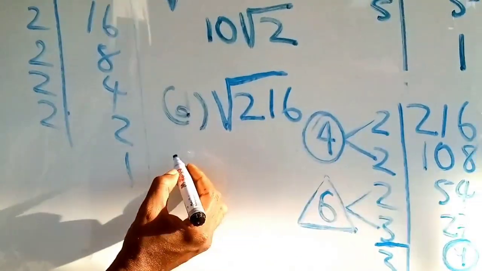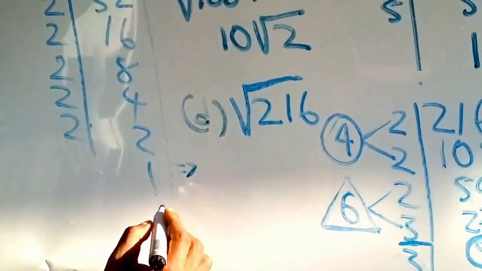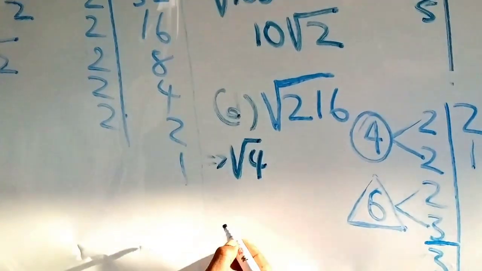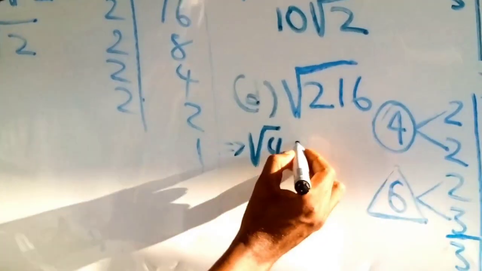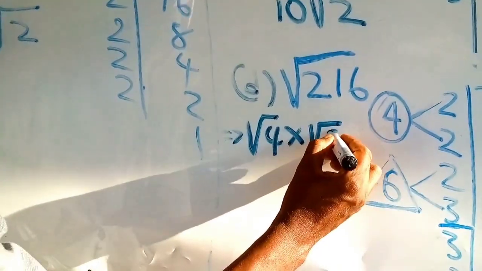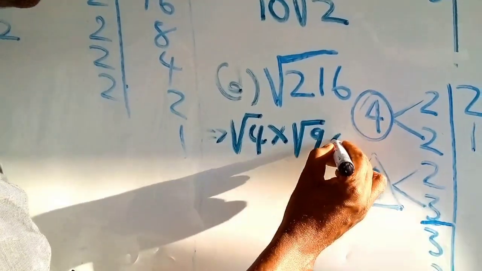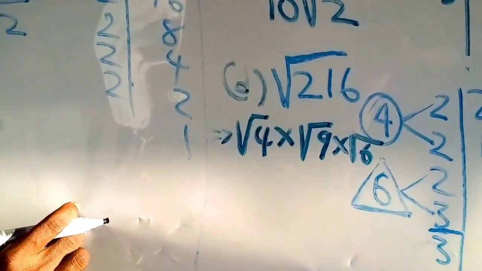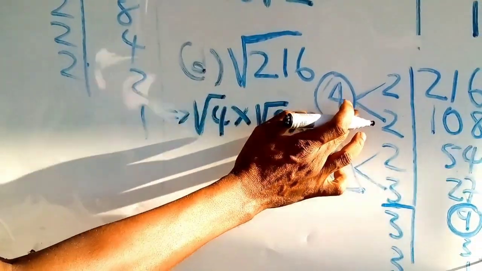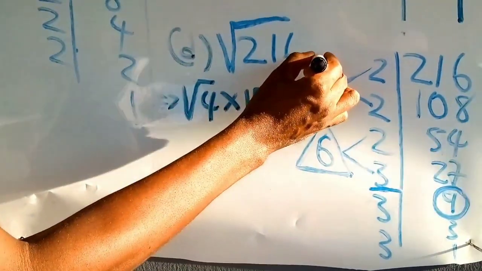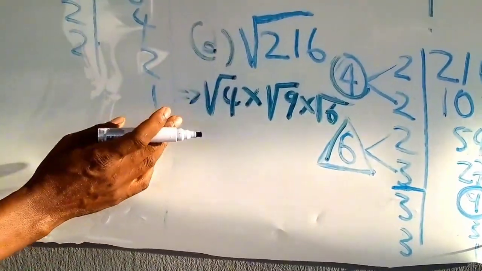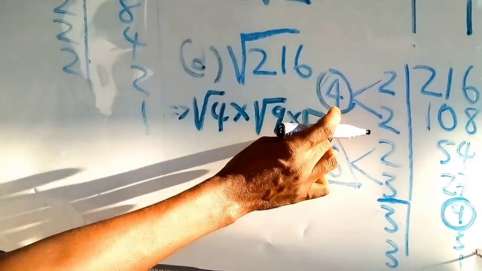So root 216 is equivalent to square root of 4, this 4 now, times square root of 9, this 9 now, times root of 6, this 6 that is here. I hope you can see what I did, so I don't mess it up. Okay, now perfect squares are here, and then the root is here.